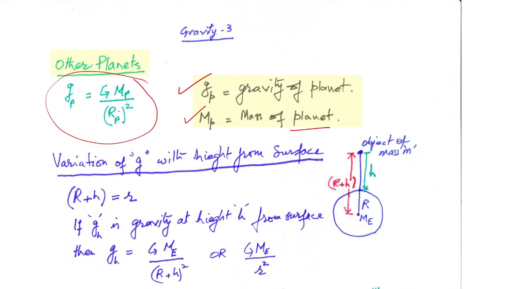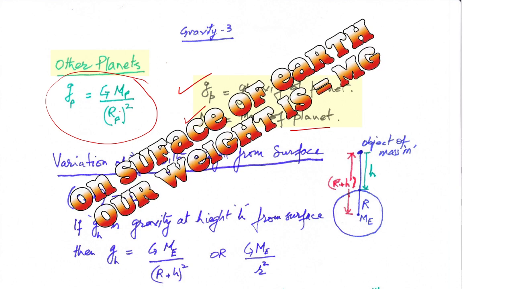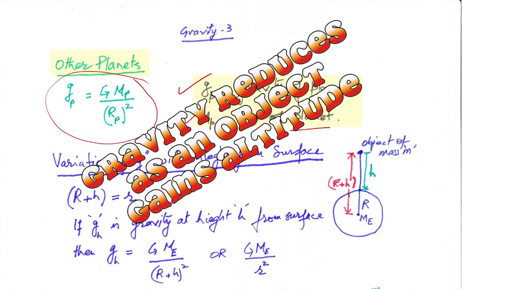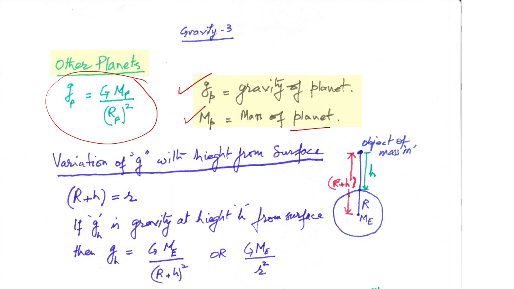Now we also have another concept that on the surface of the Earth our weight is mg, because g is 9.81 or 10 meter per second square, and we also know that gravity reduces as an object gains altitude in the gravity of the Earth.